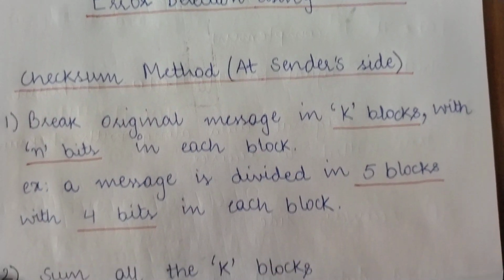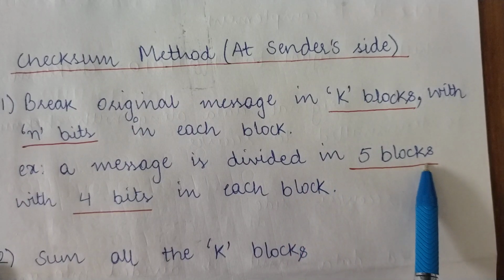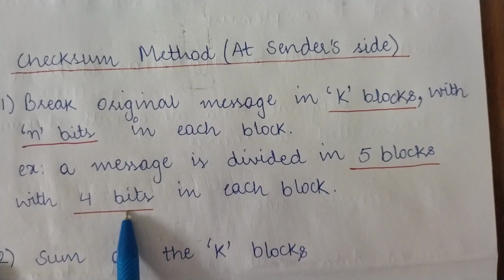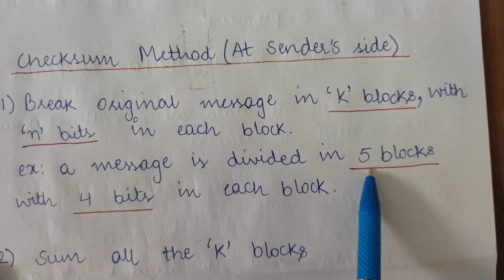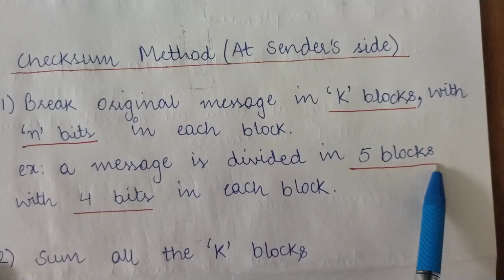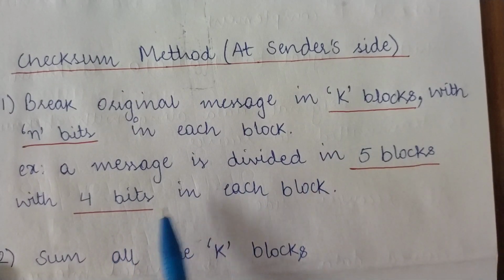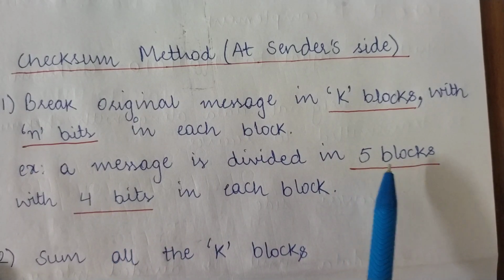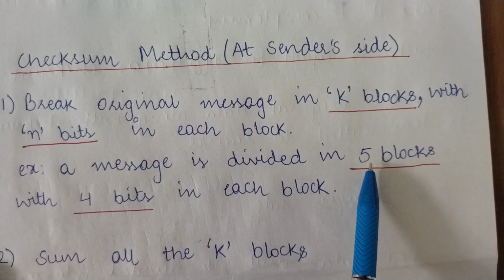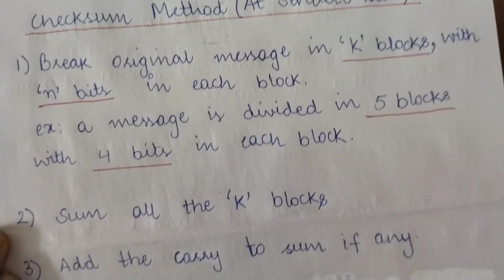For example, a message with 5 blocks, each having 4 bits, has a total of 20 bits, divided into 5 blocks of 4 bits each. This is the first step.